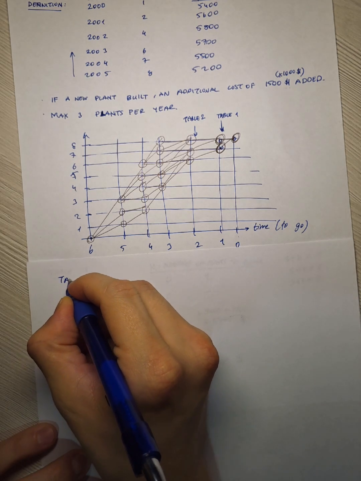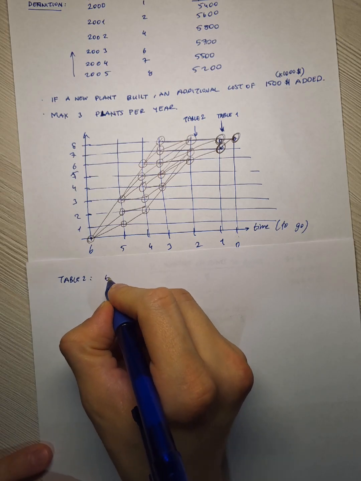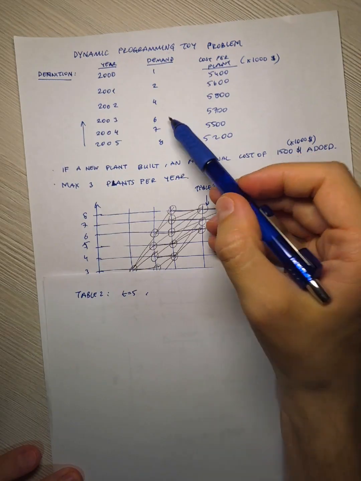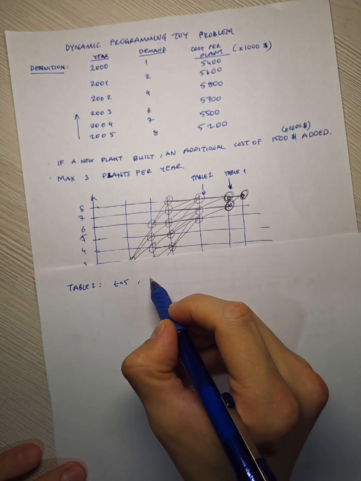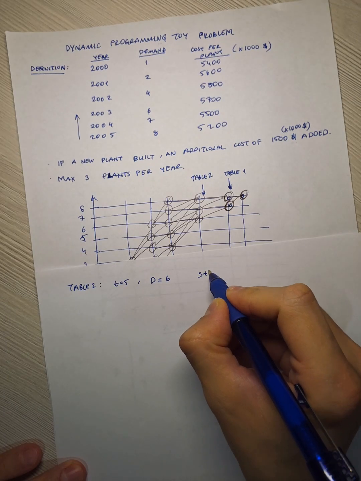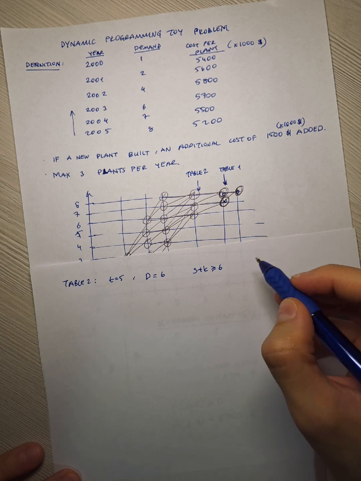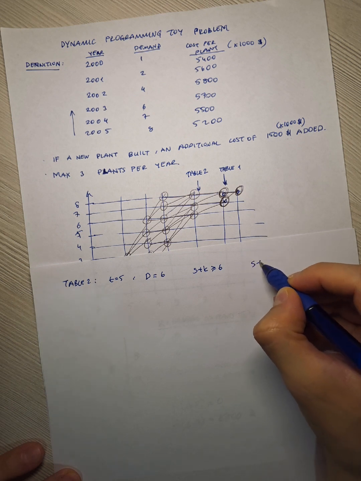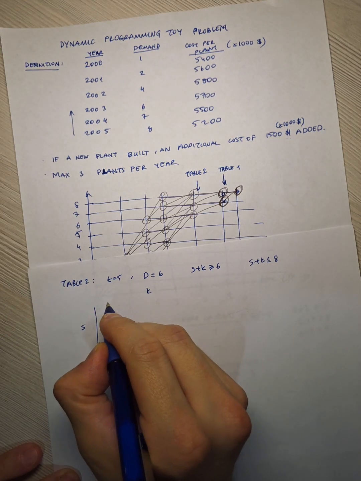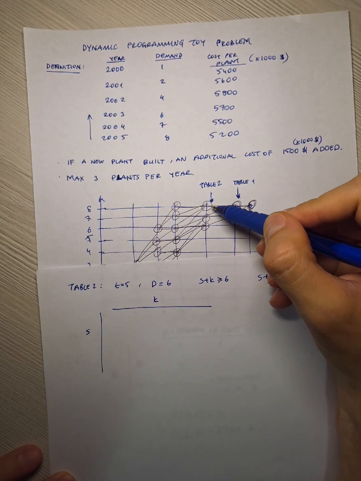Okay, so table 2, so the time step is 5. So let's see, the demand is 6 this time. The state plus the number of plants we built sums up to at least 6 and smaller than 8. So we look at table 2.